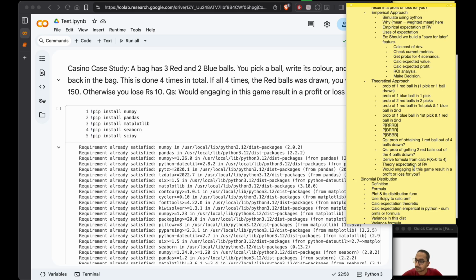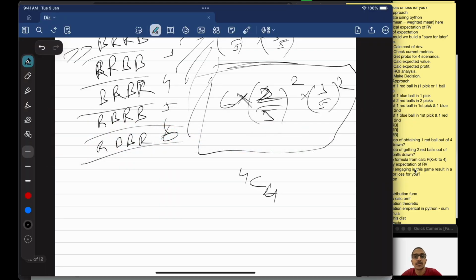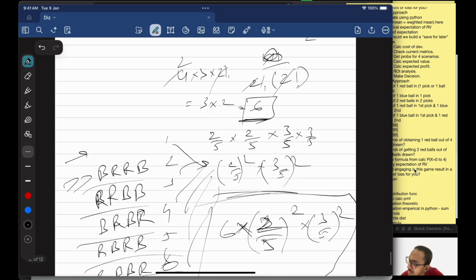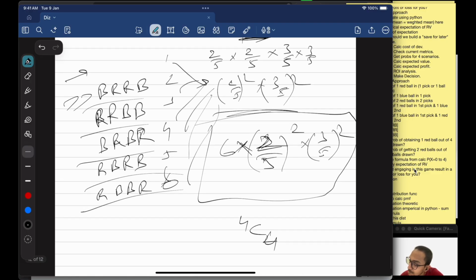But now calculating for 4 reds is basically 4C4, right, in this case. And obviously the calculation will become tedious. So from this, we can see a pattern here, right? This is nothing but 4C2 for 2 reds, where we are performing 4 trials, and we are looking for 2 reds, and this is probability of P of blue times P of red, with powers.